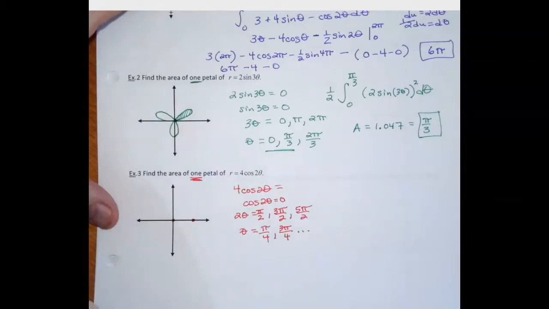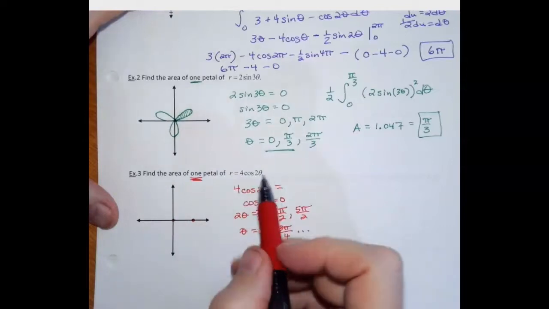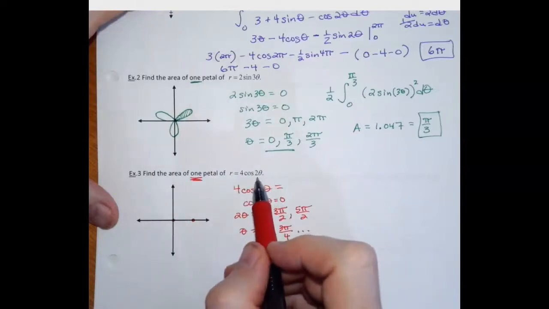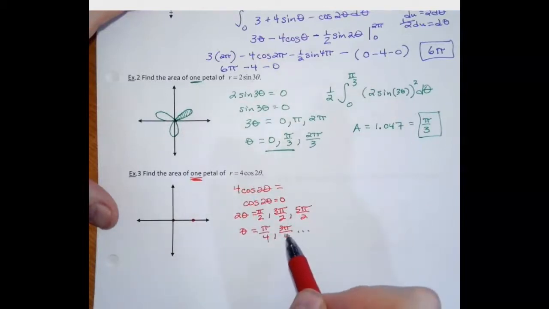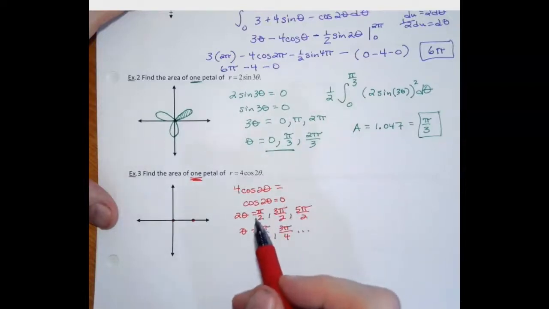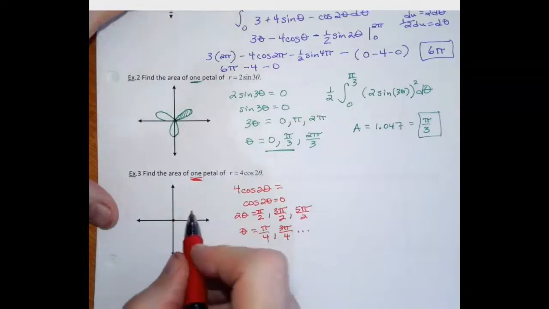Then if we go to 3 pi over 4 and multiply by 2, that'd be 3 pi over 2. That's going to be 0 again. So we might want to plot some more things in there.